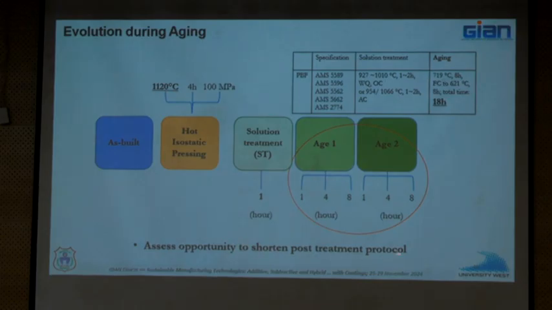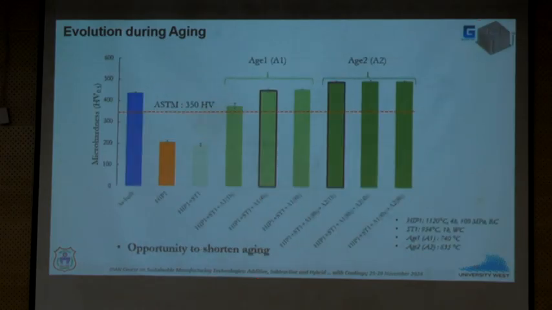Once again, as a reminder, the idea was to try and shorten the post-treatment protocol, because that is what costs money. So, this is a summary of everything that happens during aging from the samples that we were looking at. This is a HIP sample, this is an as-built specimen.